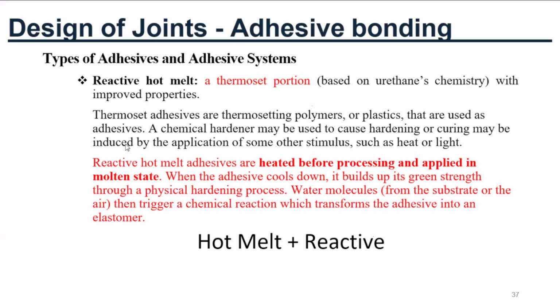When we come to the working process, the adhesive is heated before use and applied in molten form. When it cools, it hardens physically, gaining initial or green strength. Then water molecules from the air or substrate trigger a chemical reaction.